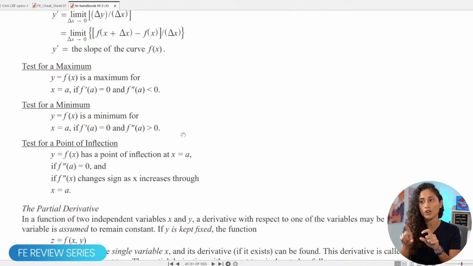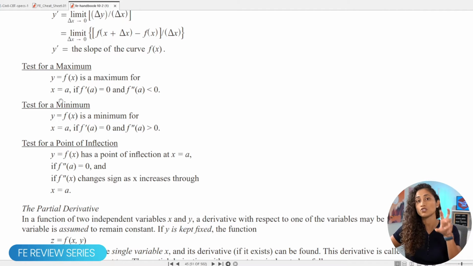Let me walk you through these steps and explain it a little bit more because it is a little bit confusing. To test for a maximum, we take the function, take the first derivative of the function, and equal it to 0, and that's going to give us the x or the a value. Right here, they call it x is equal to a.